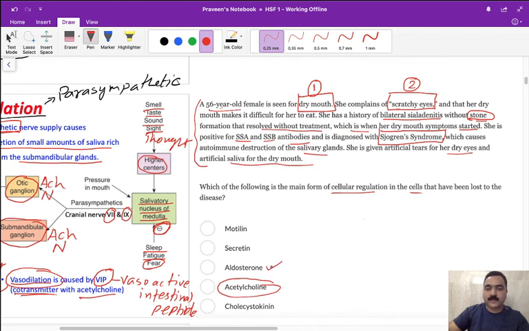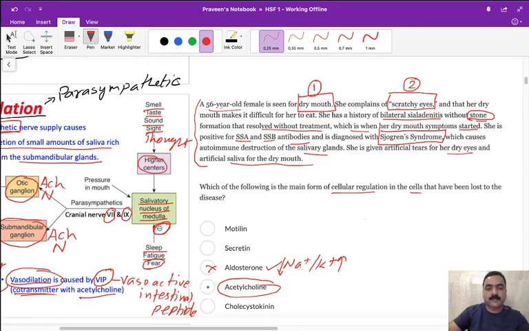But in this scenario aldosterone is not the correct option, because aldosterone can influence the sodium and potassium concentration of the saliva. It decreases the sodium concentration and increases the potassium concentration in saliva, but that is only an influence by acting on the ducts, not controlling or regulating the secretion of the saliva.